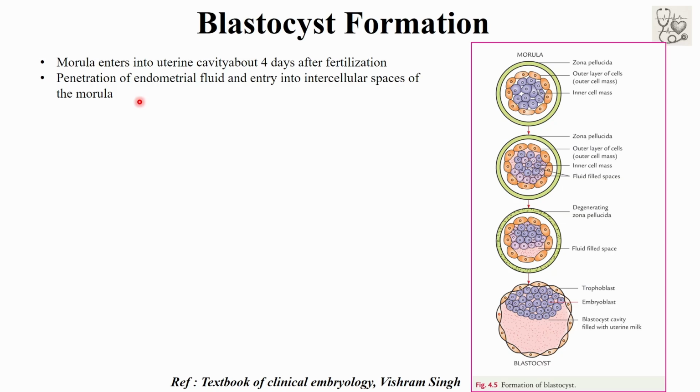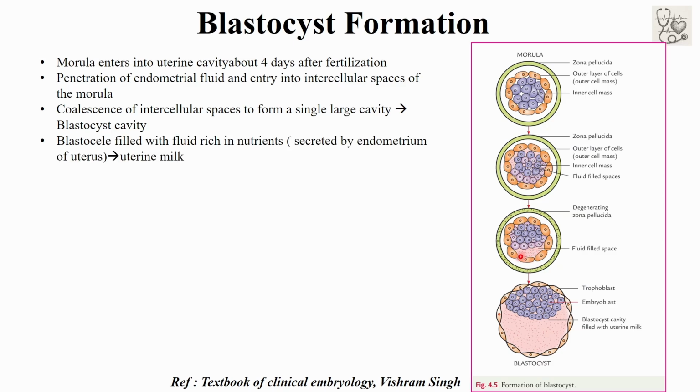So there will be the formation of intercellular spaces. These small intercellular spaces fuse to form a large fluid space, which is called the blastocyst cavity or blastocele. The blastocele is filled with fluid rich in nutrients, which is secreted by the endometrium of the uterus, called uterine milk.